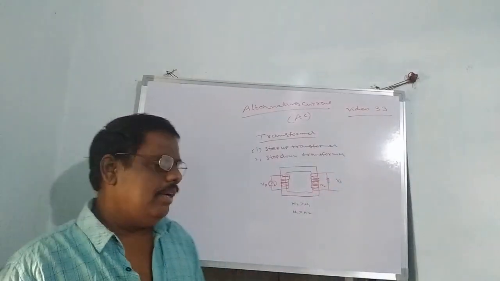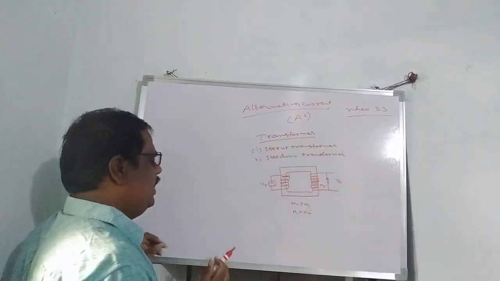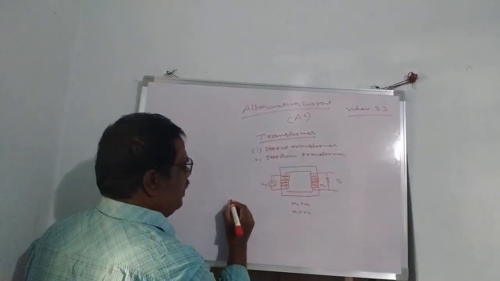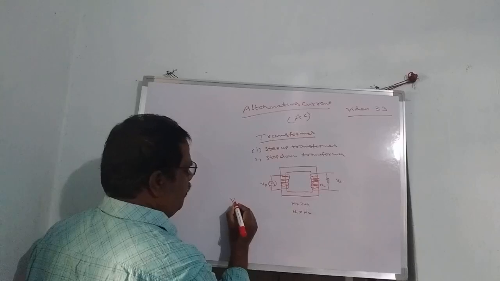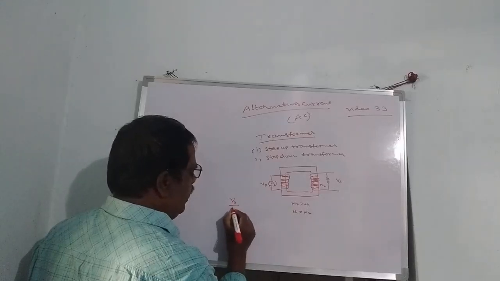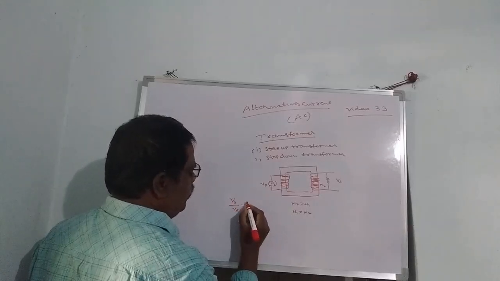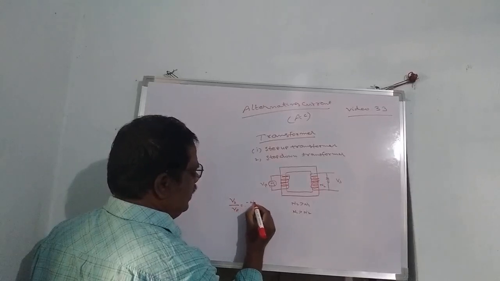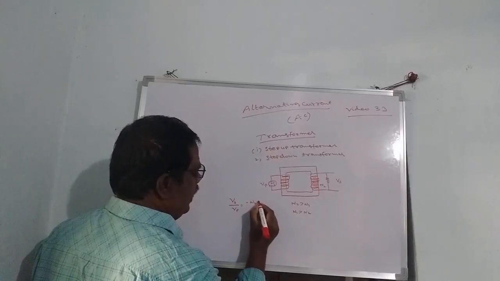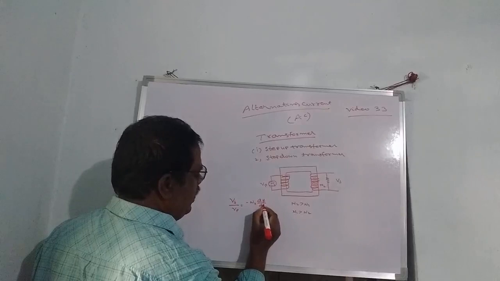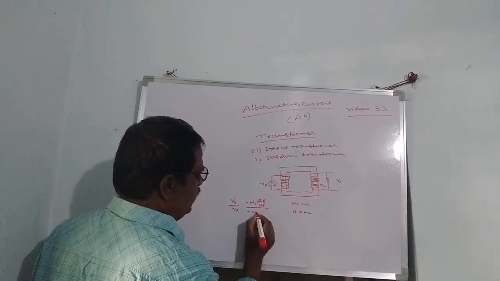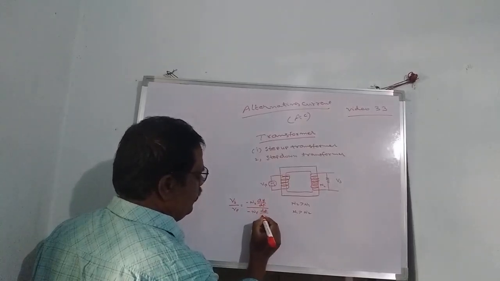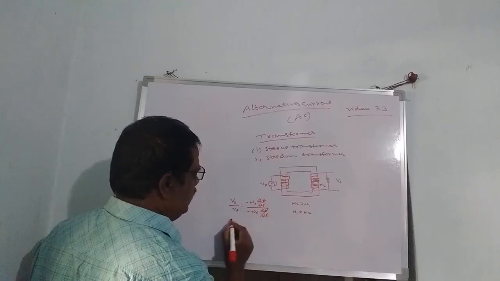So how do we find the ratio of the transformer? That means Vs by Vp is equal to minus Ns change in flux with change in time, by minus Np change in flux with change in time. This will be cancelled.